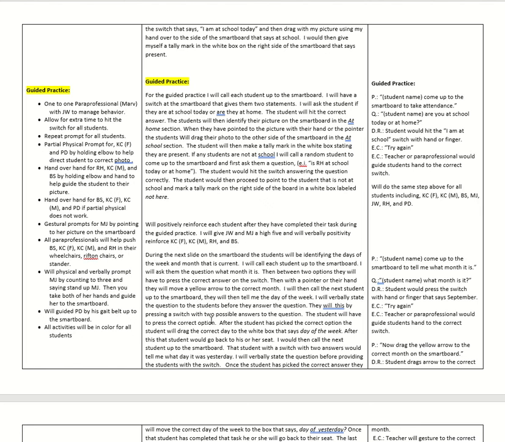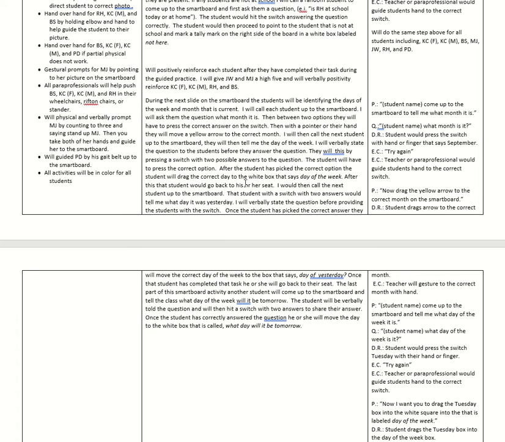Then you see here pressing a switch with 2 possible answers to the question. They'll have to press the correct option. This is again giving my students opportunities to have physical action. My kids can't run or jump and things like that, so just with them reaching and turning their heads is a big thing. That is being provided here in the lesson that Kelly wrote.